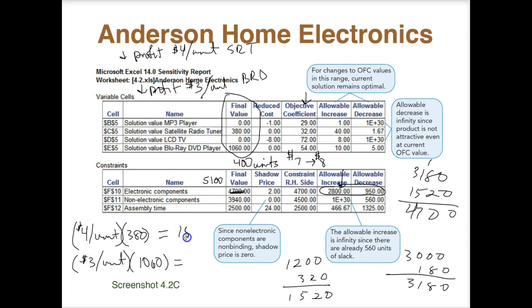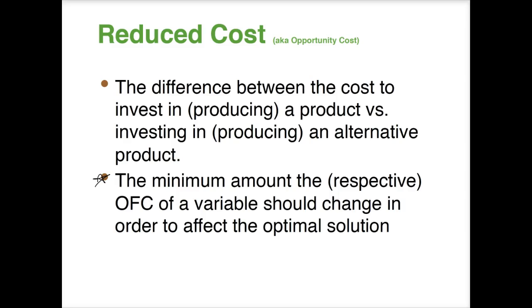And so this one would be the 1520. This would be the 3180. And of course, the total decrease in profit here is going to be $4,700. And so that will be the answer to question number 4.